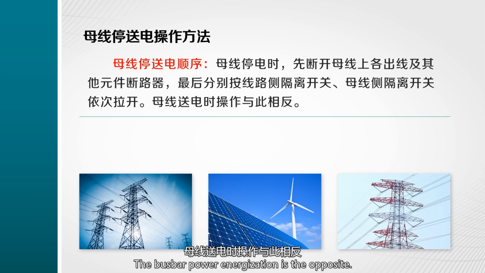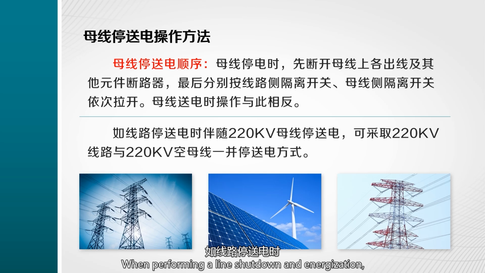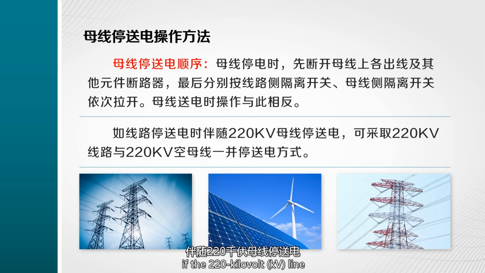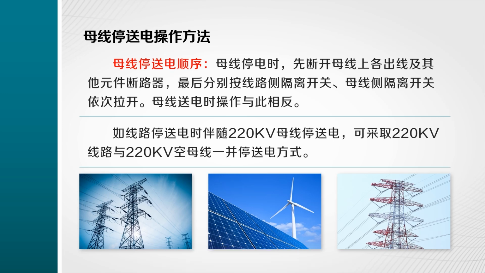The bus bar power energization is the opposite. When performing a line shutdown and energization, if the 220 kV line is interconnected with a 220 kV empty busbar, a combined shutdown and re-energization procedure can be adopted.